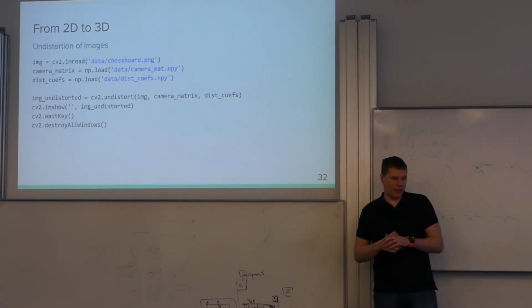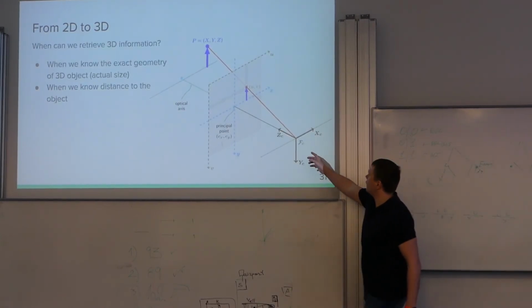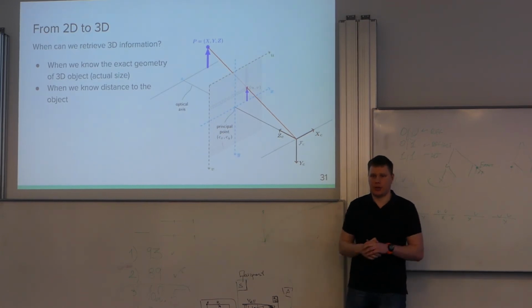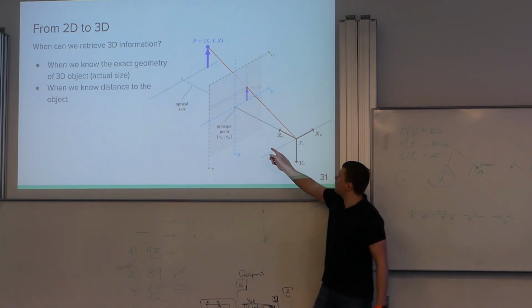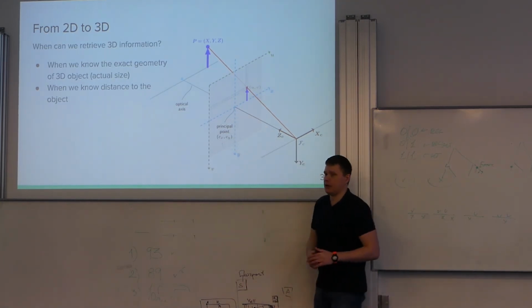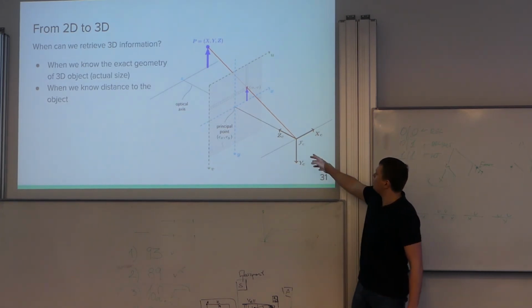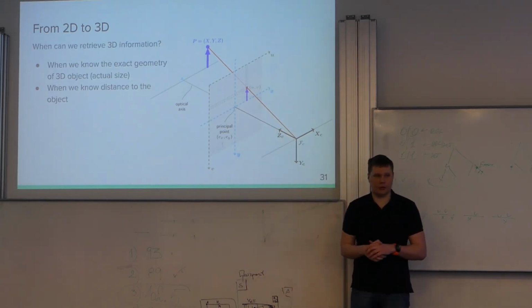So we can, as I said, we work in homogeneous coordinates. So we have one for z. When we are working with image points of the image, we can restore this ray for some point on the image.